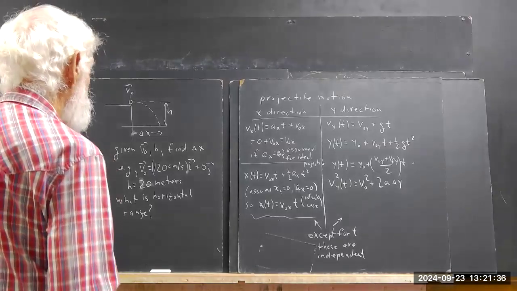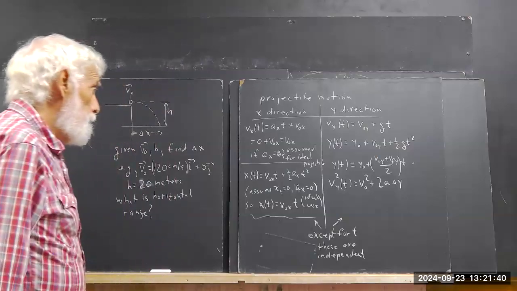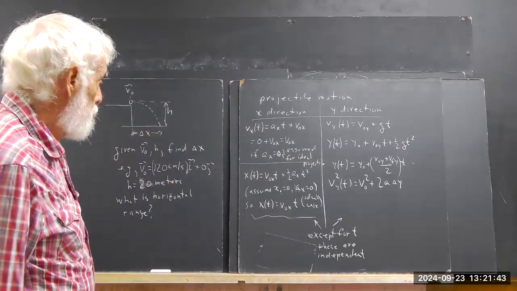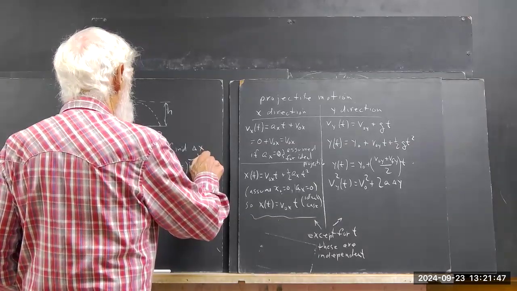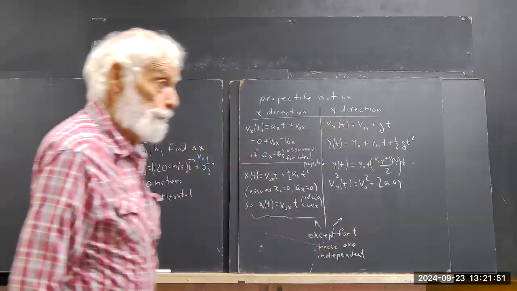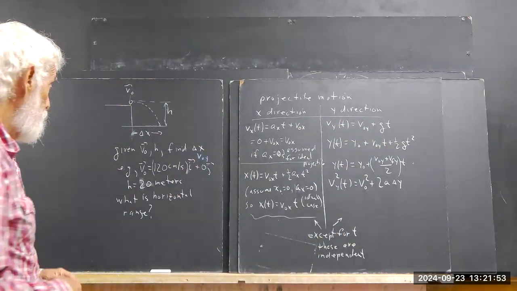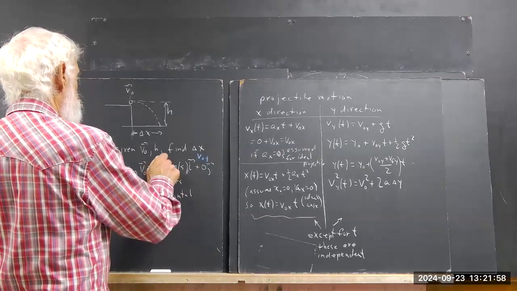So first thing we might want to look at is this equation here, or identify some of our variables. What is 0 here? That's the initial y velocity, which makes this a whole lot simpler, doesn't it? What's v naught? What's the i component? That's v naught x.